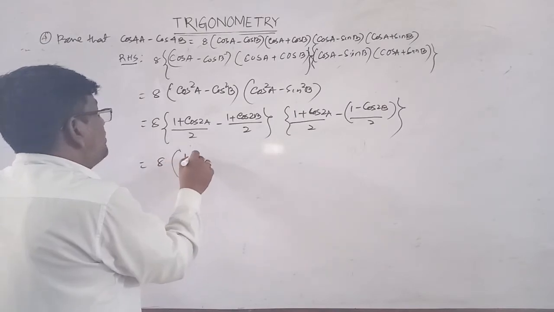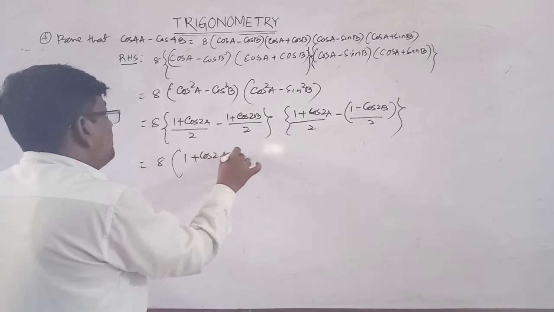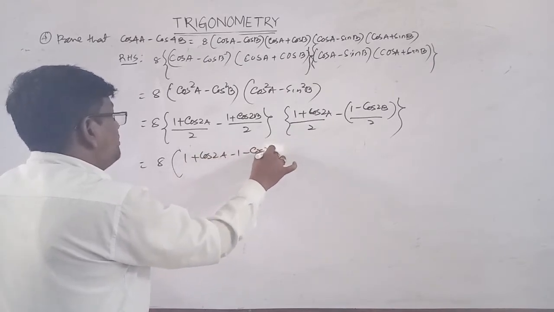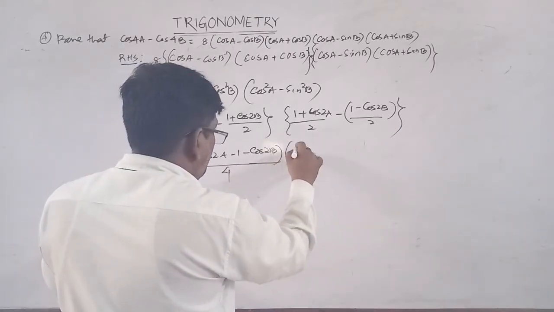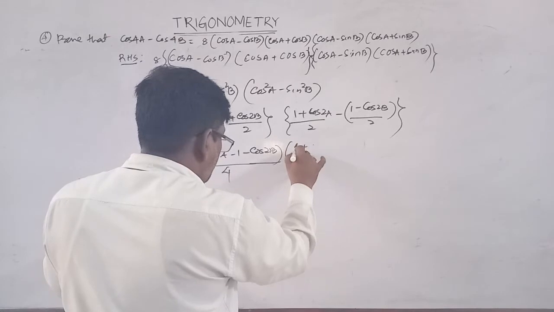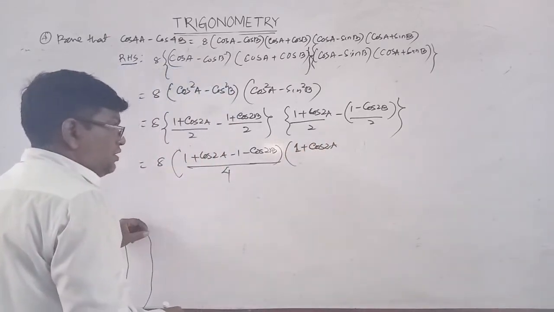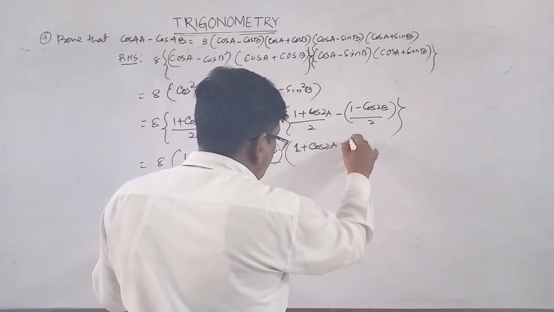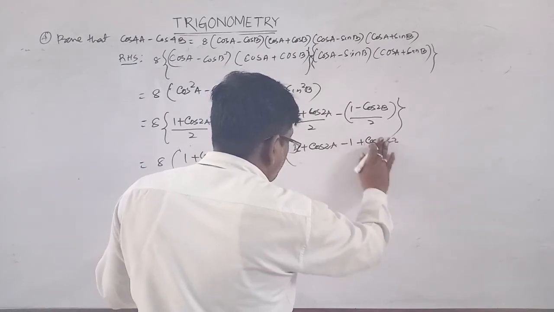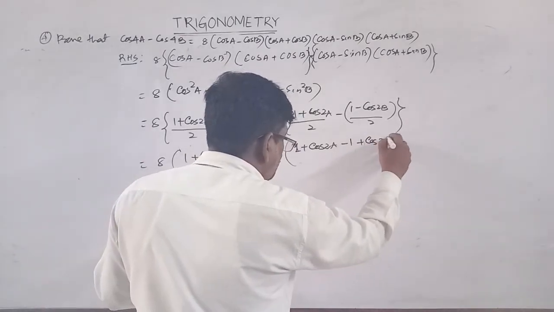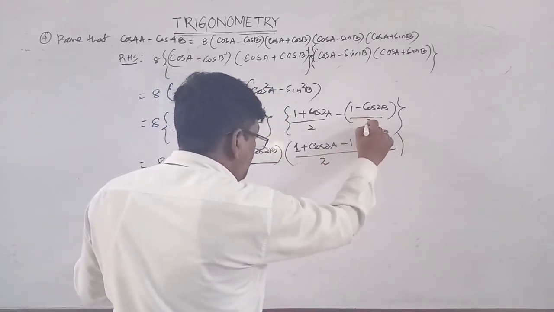So 1 plus cos 2A minus 1 minus cos 2B, divided by 4, into 1 plus cos 2A minus 1, minus plus cos 2B, divided by 2 here.